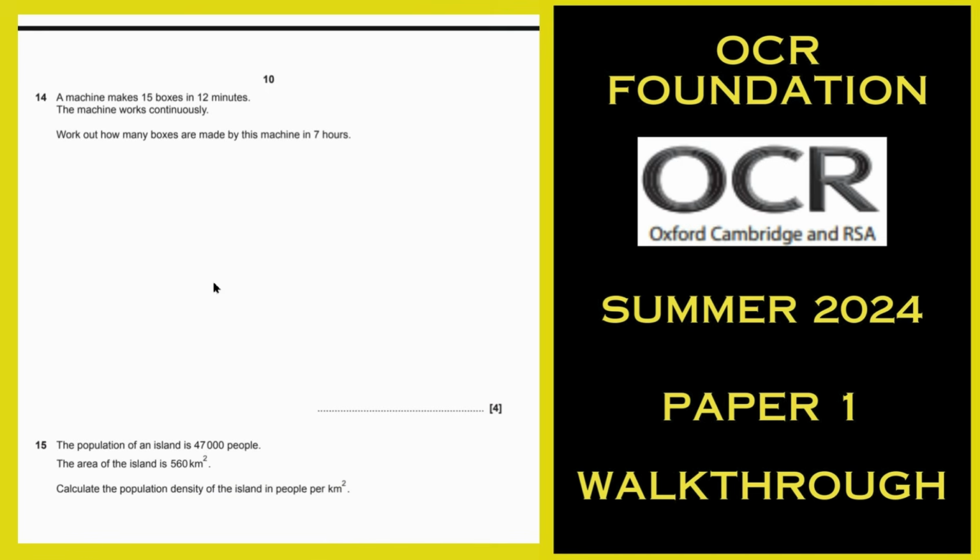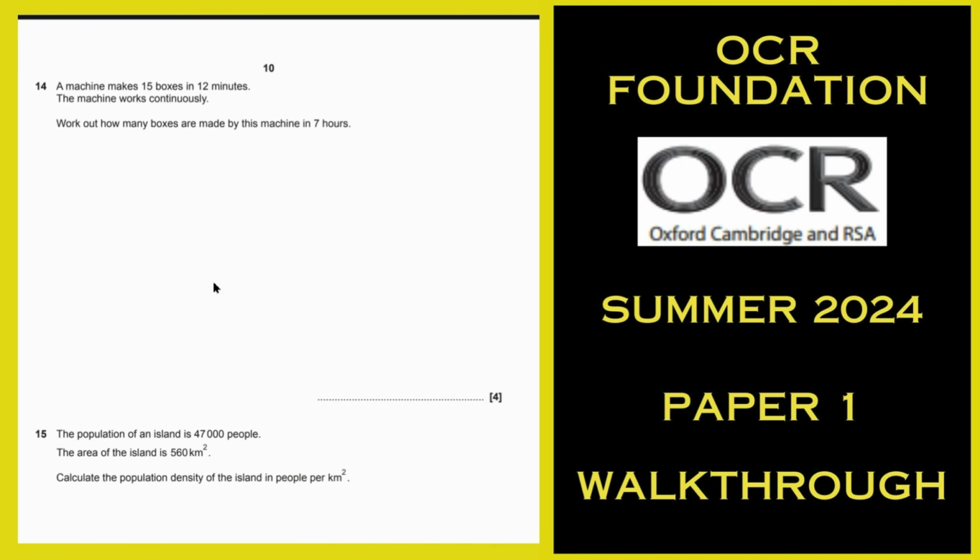Number 14, a machine makes 15 boxes in 12 minutes. Now, it's easy to think it's 15 times 12 to get 180. There's a long way of going about it that way. It just says, work out how many boxes are made by this machine in 7 hours. Scale it up.